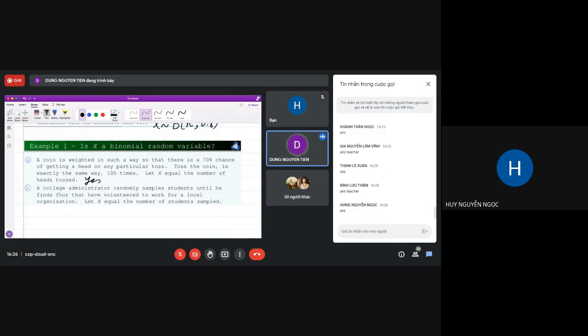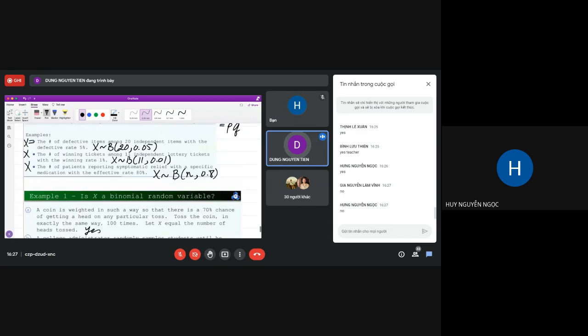How about the second case? A college administrator randomly samples students until he finds 4 that have volunteered to work for a local organization. Suppose that X is the number of students sampled. Is this a binomial random variable? Right, it is no. Why?